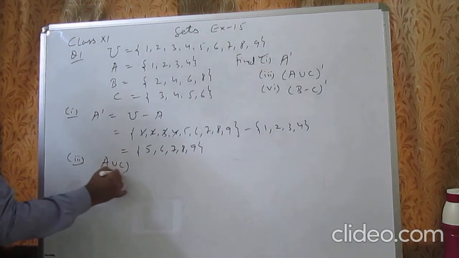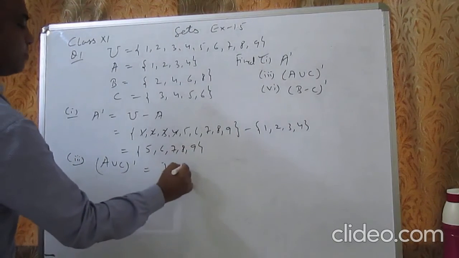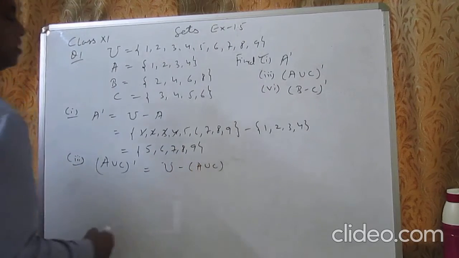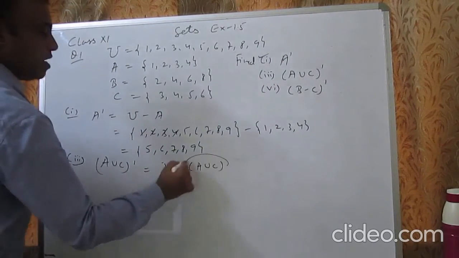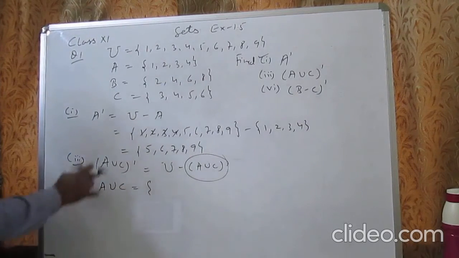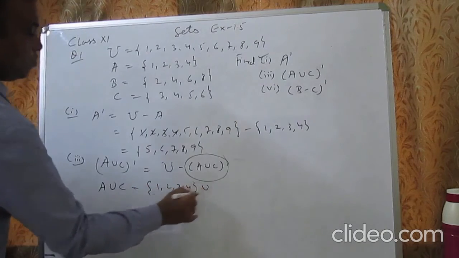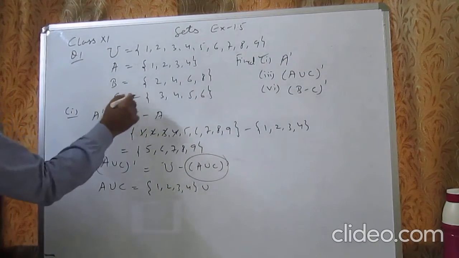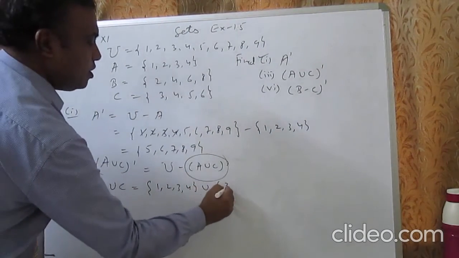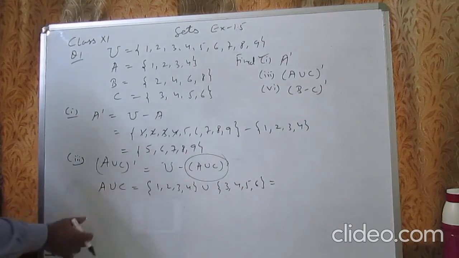Now I will take third part, A union C का complement. First, this is universal set minus A union C. First I calculate A union C. A is 1 2 3 4, C is 3 4 5 6. What is A union C?